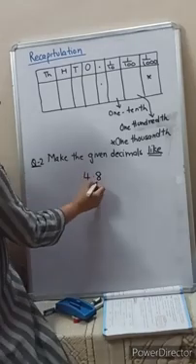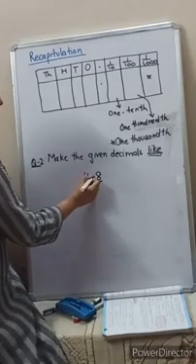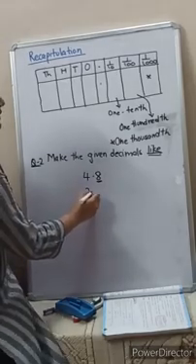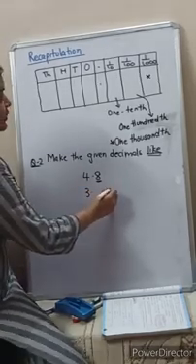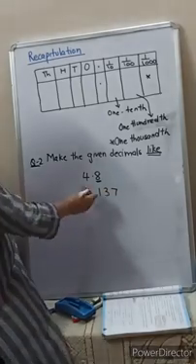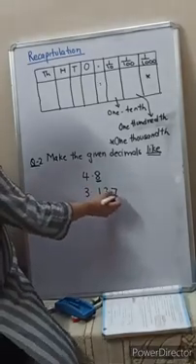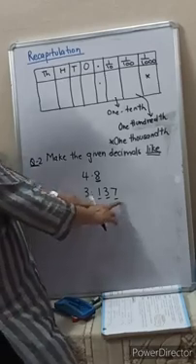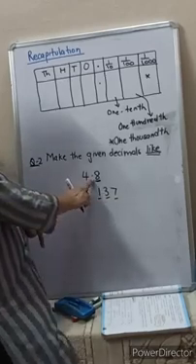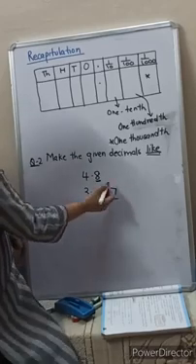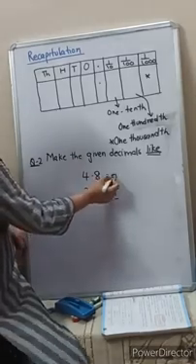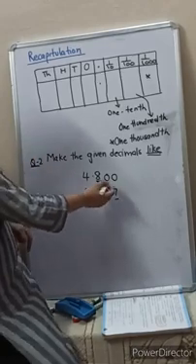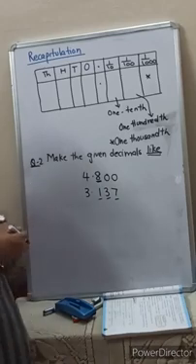This decimal has one digit after the decimal point. If I have another decimal, say 3.137, this decimal is correct to 3 decimal places, and the other has 1 decimal place. So once they have equal digits after the point, we say these decimals are like.